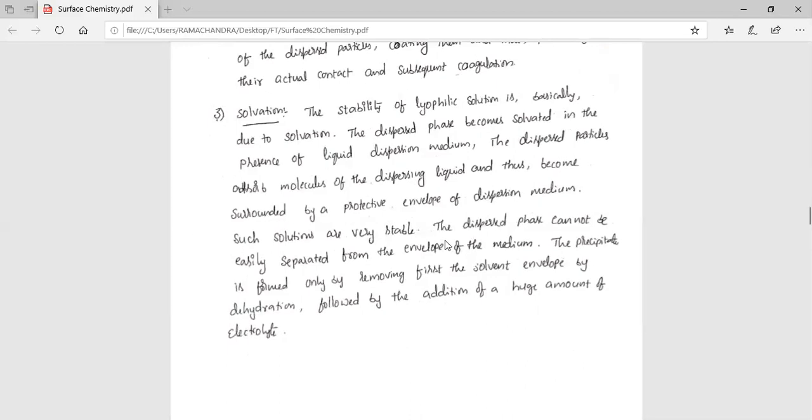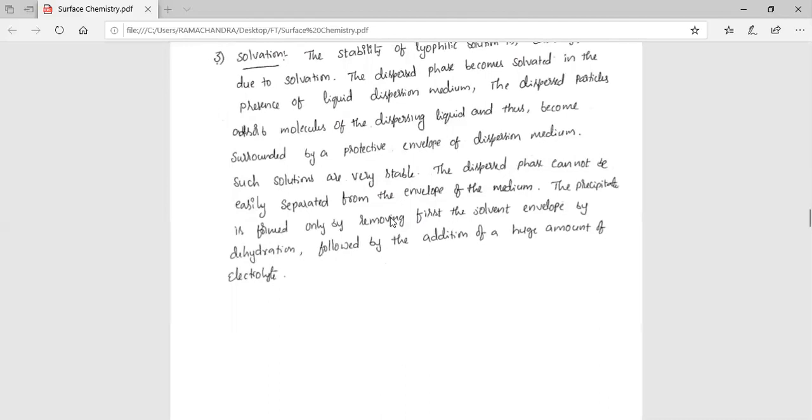So they have greater affinity between the dispersed phase and the dispersal medium. That's why they cover a protective layer called the envelope. So the dispersed phase cannot be easily separated from the envelope of the medium. Because of their greater affinity, the precipitate is formed only by first removing the solvent envelope by dehydration, followed by the addition of a huge amount of electrolyte.